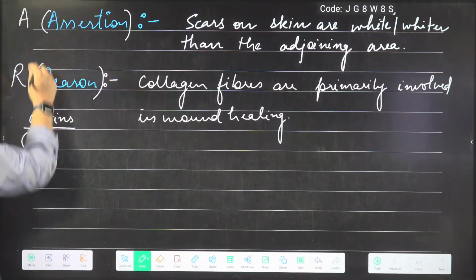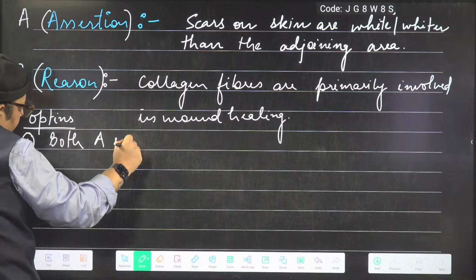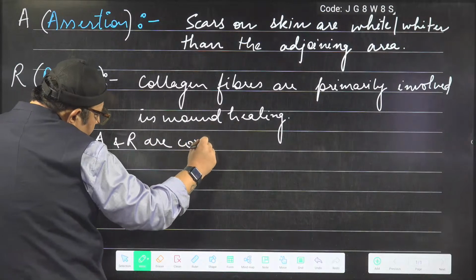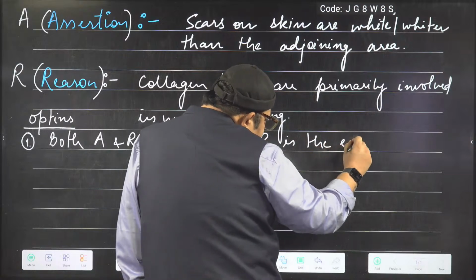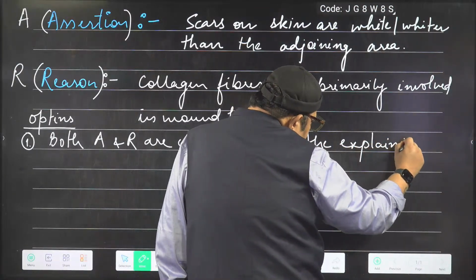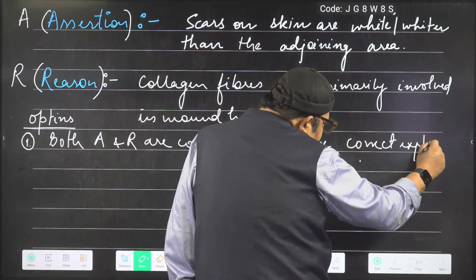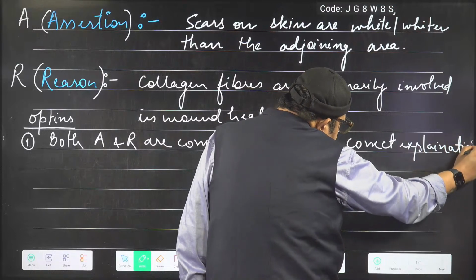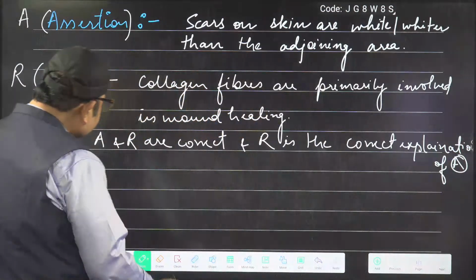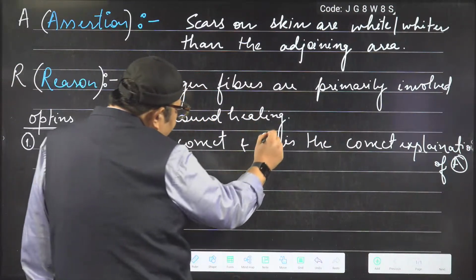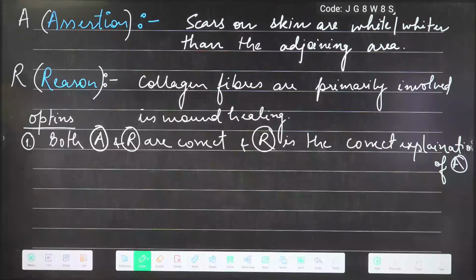Option number 1: both A and R are correct, and R is the correct explanation of A. Both assertion and reason are correct, and reason is the correct explanation of assertion.